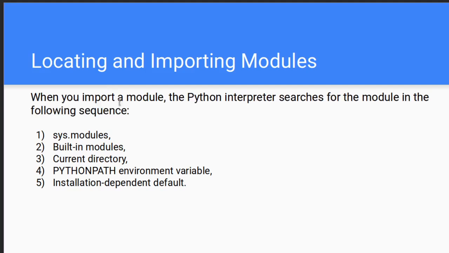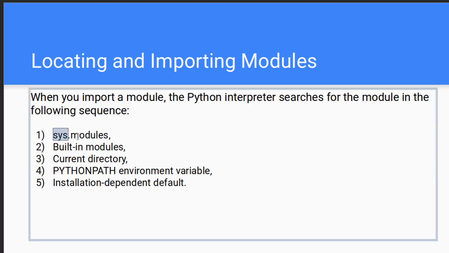So, locating the search path. When you import a module, the Python interpreter searches for the module in the following sequence. First in sys.modules. If you already imported it, it'll be in sys.modules. Otherwise, it'll look for its own built-in modules.